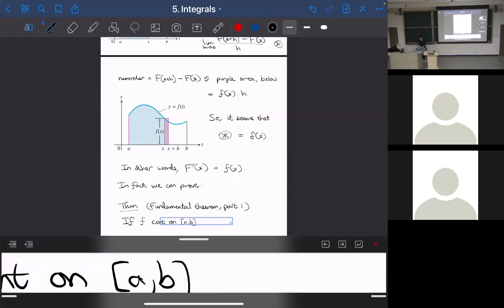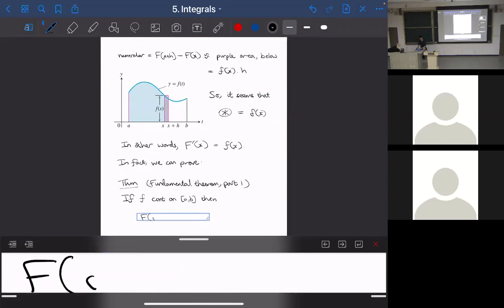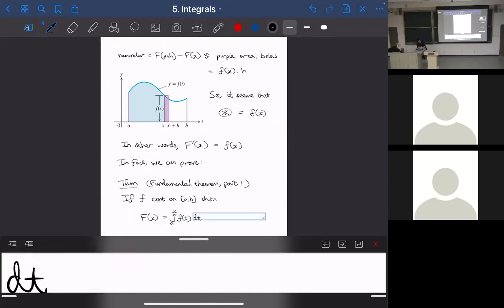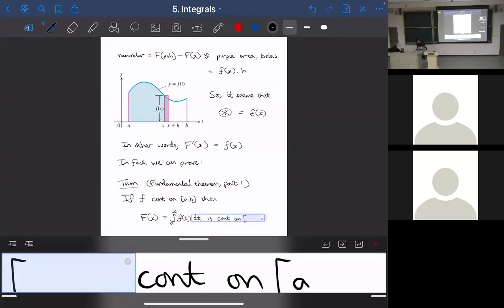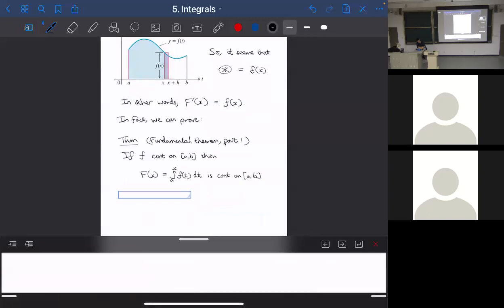Okay, so if f is continuous on [a, b], then if I make big F in this way by integrating from a to x, this is also continuous on [a, b], and it's differentiable.